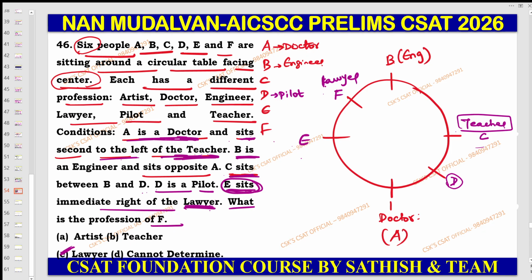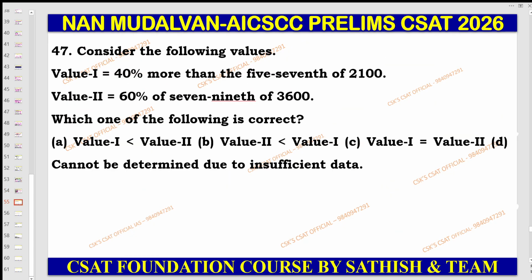B is an engineer and sits opposite A. C sits between B and D, and there is a possible case here. Let me complete the rest of the 4 questions and explain again for Junaid, so that other students can learn other questions.